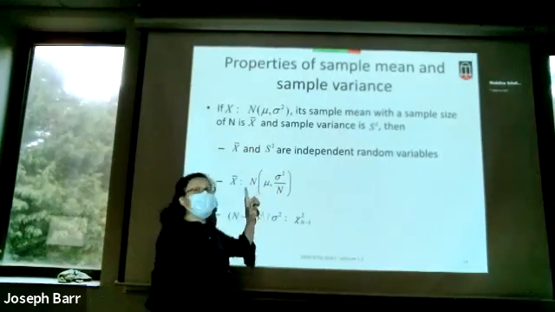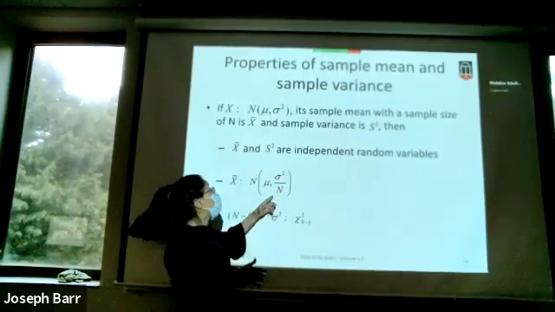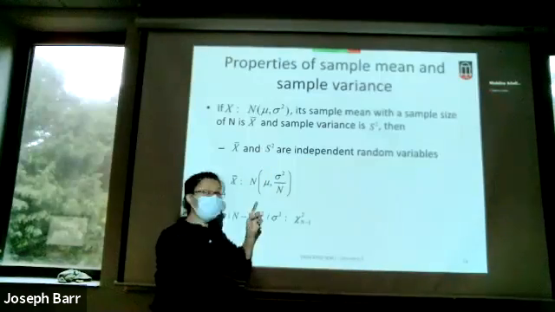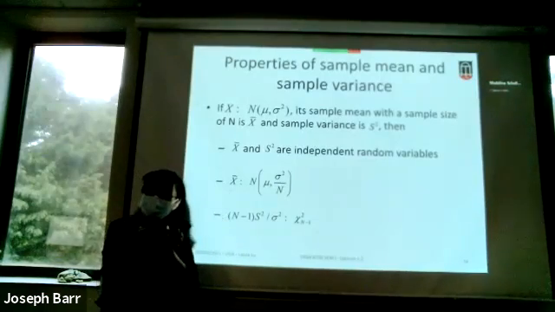It's sigma squared divided by n. It's narrower than the original distribution of X because it calculates the average. Averaging will shrink the spread.